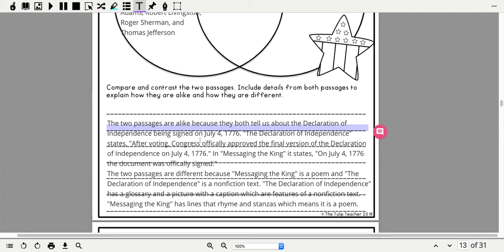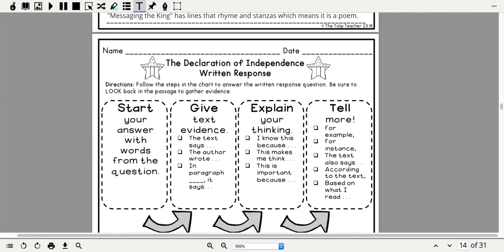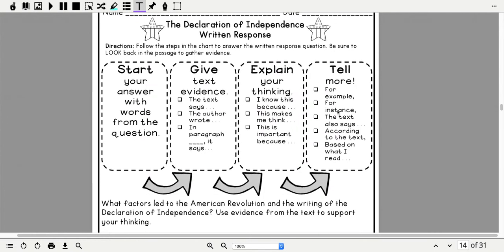Okay, so now we're all done with this section. If you go on to the next one, it's written response. They give you start, give, explain, tell, but in the classroom we use RAP. We restate it, and then we answer it. That's the start part. And then we prove it, that's the evidence.